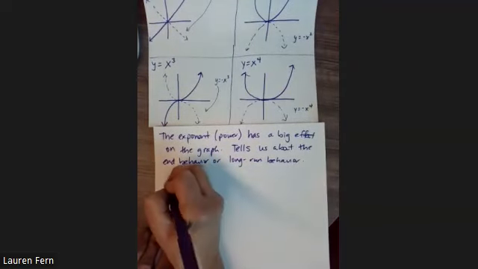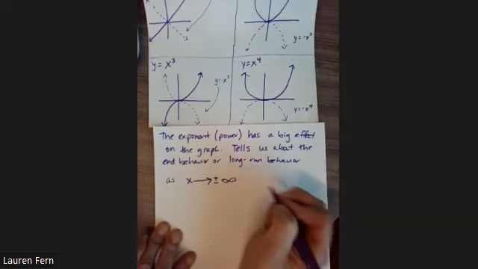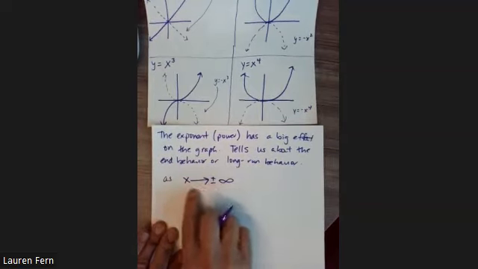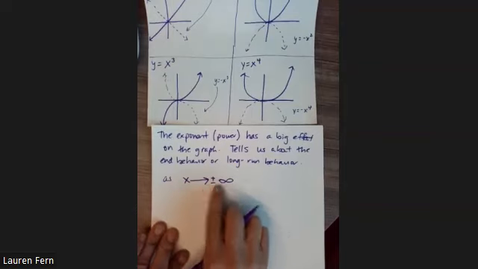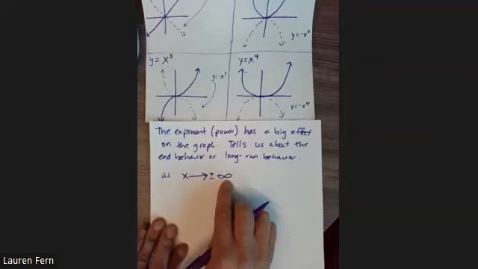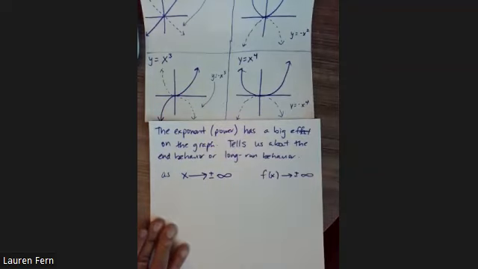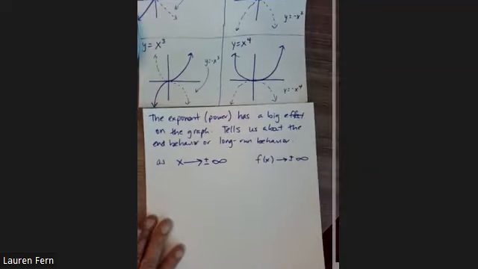Essentially, what happens as x gets really big or really small? And the way we say it is, what happens as x goes to positive or negative infinity. Okay. And what we're going to see with these power functions is that our functions are either going to shoot up or shoot down to positive and negative infinity.